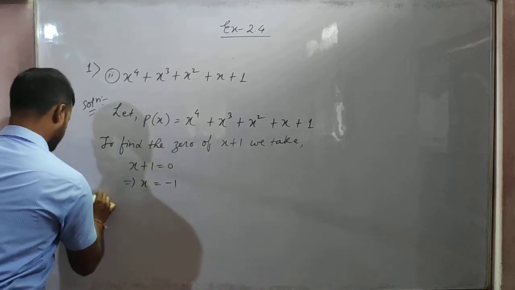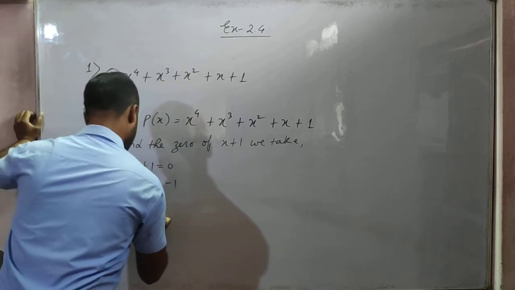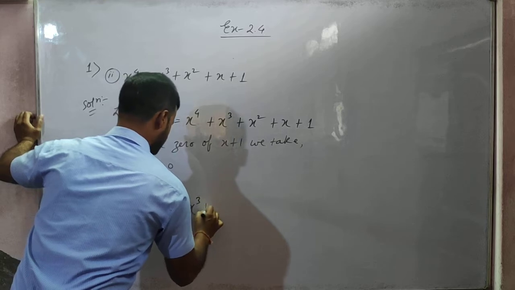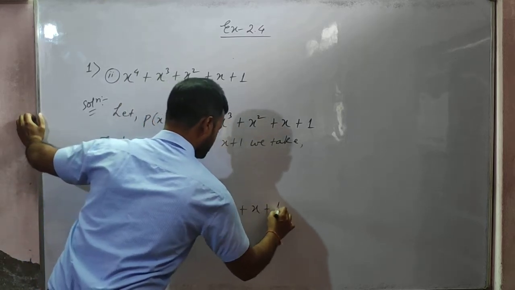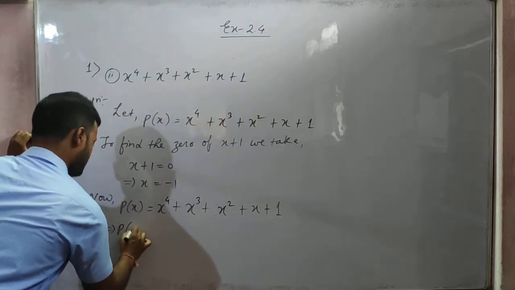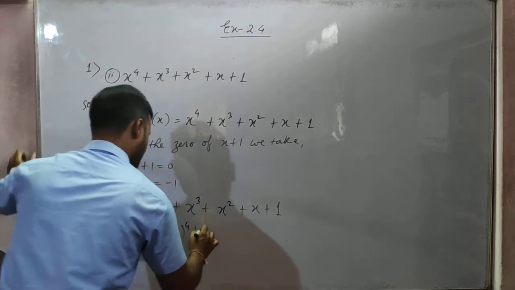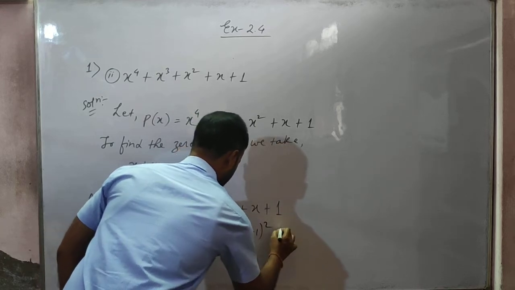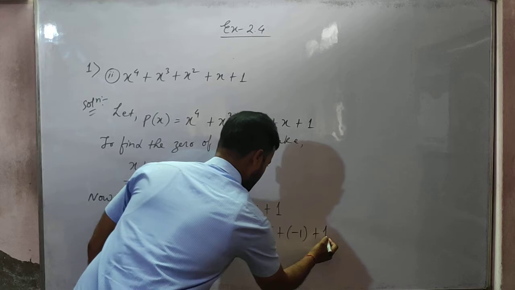Therefore now p(x) is equal to x to the power 4 plus x cube plus x square plus x plus 1. Now in place of x we will just put minus 1. So we have minus 1 to the power 4, minus 1 to the power 3, minus 1 to the power 2, minus 1 and plus 1.